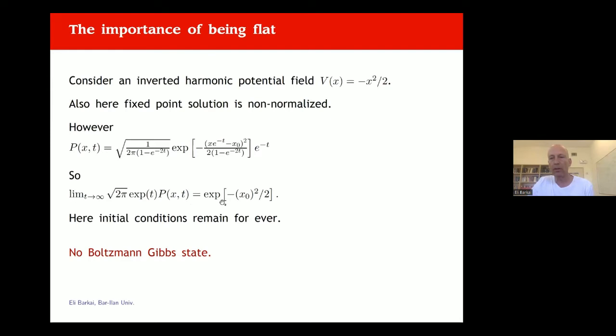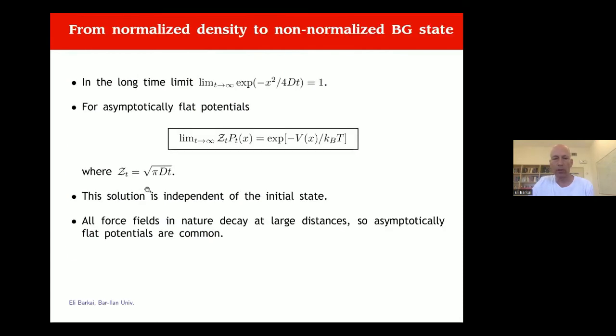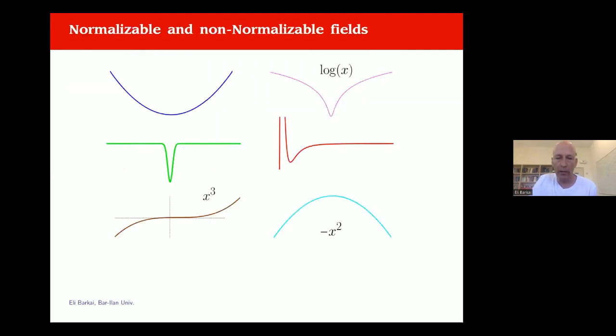I get something that depends on the initial condition. So the fact that I took Z(t) in my previous graph, some function of time, multiplied this, and this side is not dependent on the initial condition, is specific to the classes of potentials where you come back to the origin, you sample the origin many times, you are recurrent, so to say.